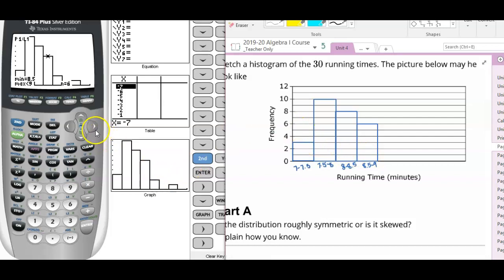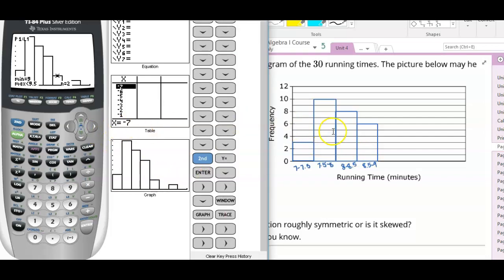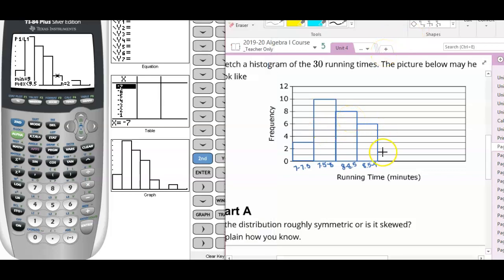The next one only goes up to 2, and that's 9 to 9.5.